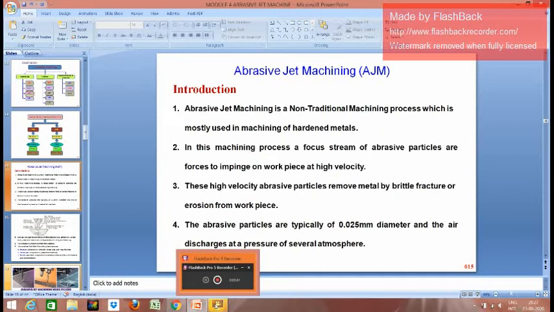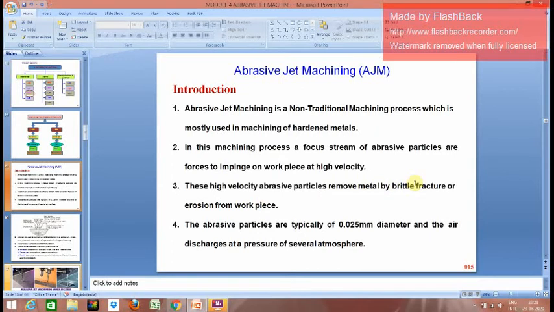So abrasive jet machining is a non-traditional machining process which is mostly used in machining of hardened metals. In this machining process, a focused stream of abrasive particles is forced to impinge on the workpiece at a high velocity. These high velocity abrasive particles remove material from the workpiece by brittle fracture or erosion. So here the main factor is brittle fracture.